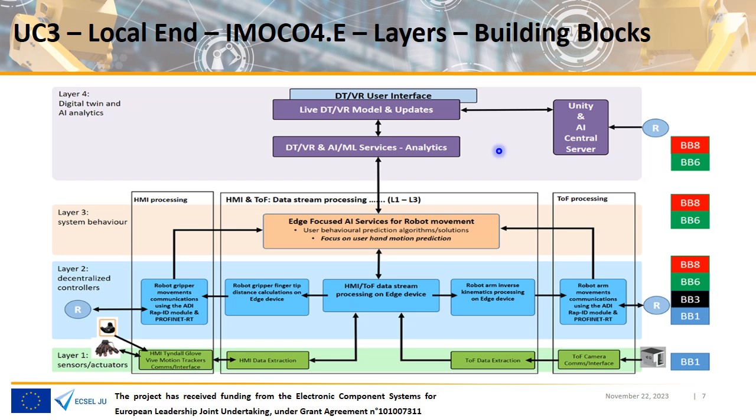We also see potential for our work in building block 6, which is preventive maintenance and condition monitoring. So that is very briefly a, I suppose, non-technical overview of the functionality of our use case at layer 1 in the context of the local end.